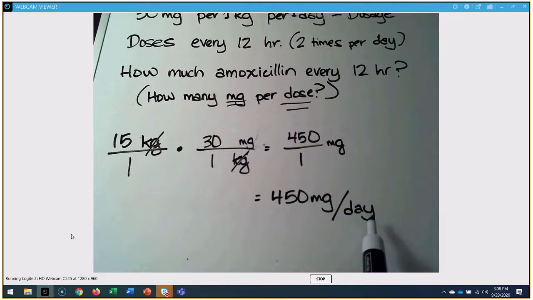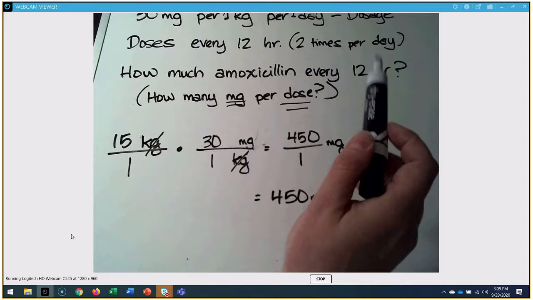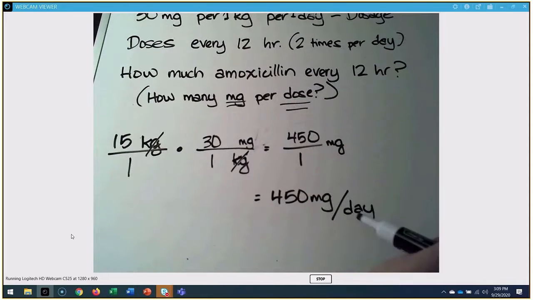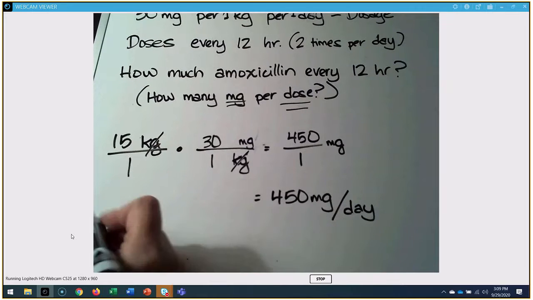We're not done yet. If I'm going to give it 2 times a day, all I have to do is basically divide this by 2. That's perfectly fine. What I'm going to show you is what this would look like if I set this up to cancel.